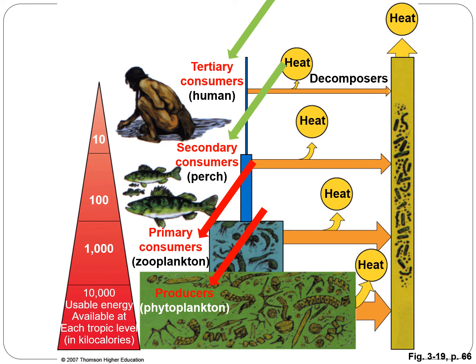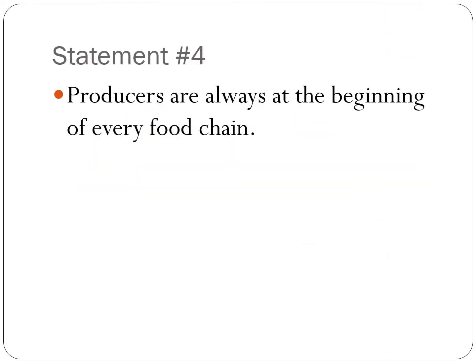So producers are always at the bottom of the food chain because they can capture energy and store it, and that makes that available to the rest of the food chain that are consumers and have to eat to obtain the energy they need. It's a phrasing they use on the AP test. Producers are at the beginning or the bottom of the food chain, and at the top, you usually have those secondary and tertiary consumers or those top carnivores.